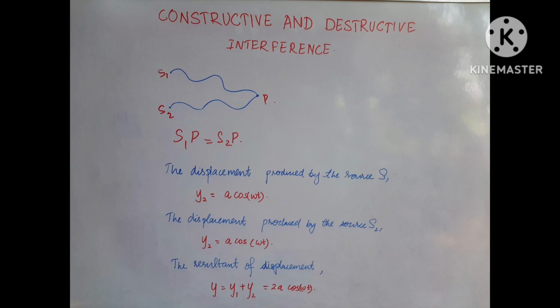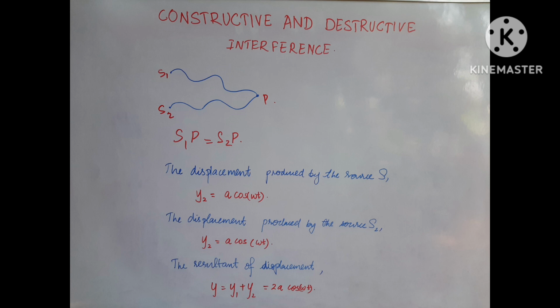Displacement produced by the source S2 is y2 is equal to a cos omega t. So when you add these displacements, you can find the resultant displacement y is equal to y1 plus y2 is equal to 2a cos omega t. So this is the displacement equation of this wave.